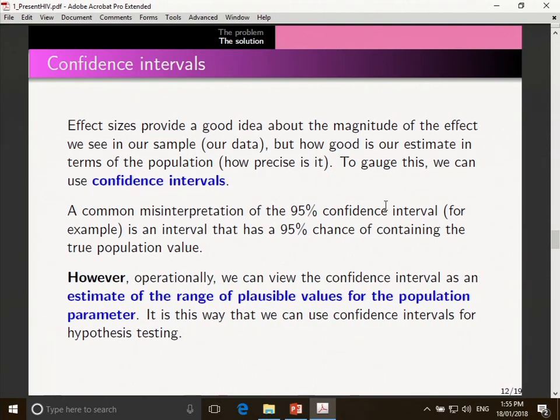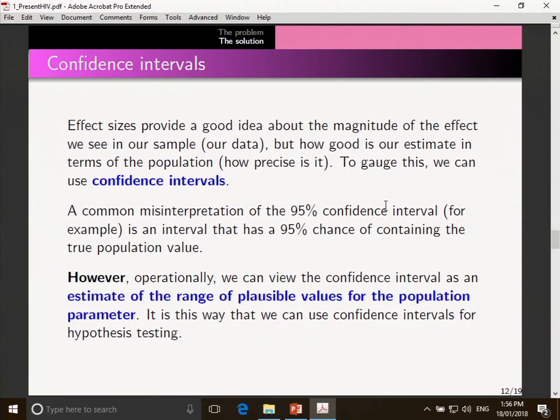So a common misinterpretation of the confidence interval, and I find I do this myself even actually, is that a confidence interval has a 95% chance of containing the true population value. Strictly speaking, that is not true. It has a 100% chance or it has a 0 chance of containing the true effect. But it is still a useful analogy.